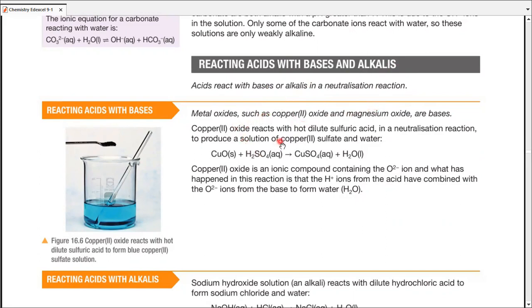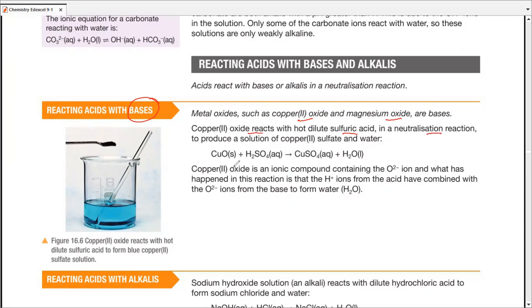Reacting acids with bases, how do we go about it? Remember, we told you that bases are the metal oxides which are not soluble in water. So copper 2 oxide or magnesium oxide are very good examples. So take some copper oxide and react it with hot dilute sulfuric acid in a neutralization reaction.